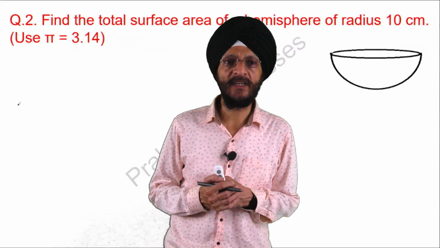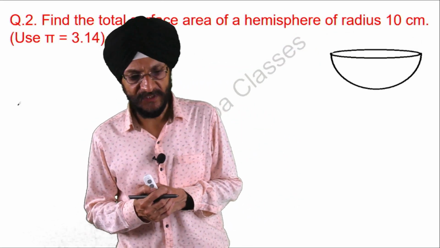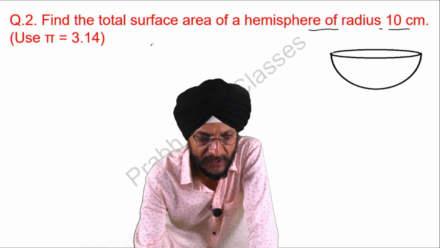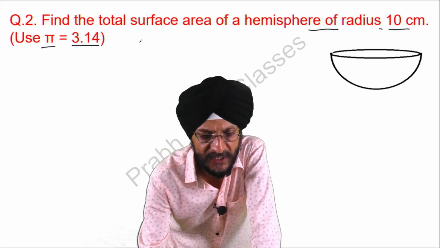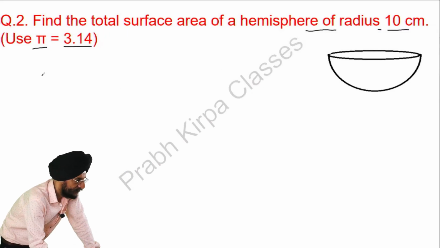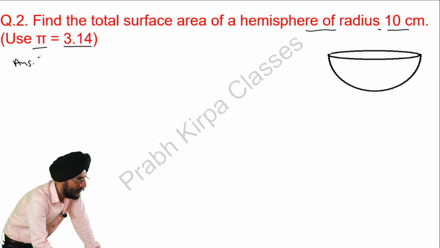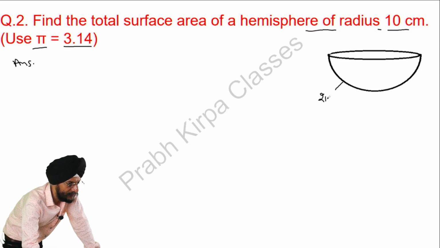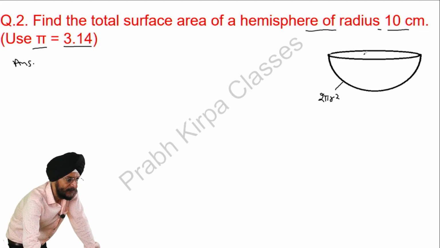Now the question before us is, find the total surface area of a hemisphere of radius 10 centimeter. The value of pi has been given as 3.14. We have already learnt that the surface area of this curved face, this one rounded face, can be calculated by the formula 2 pi r square, and the area of this flat face can be calculated by pi r square.